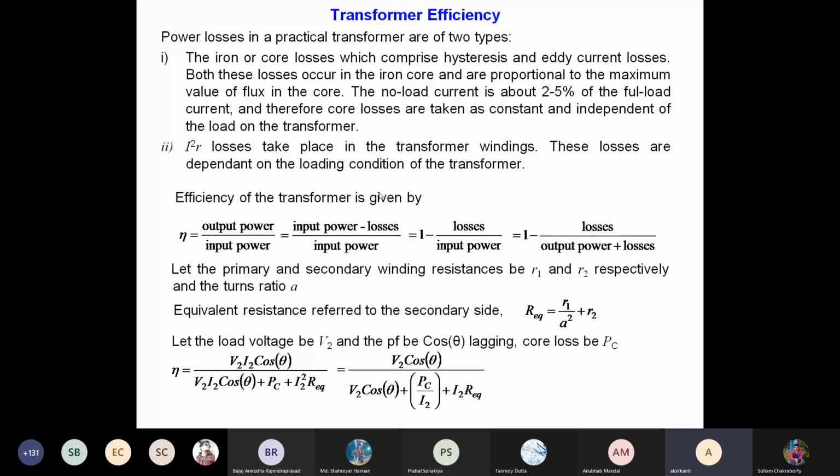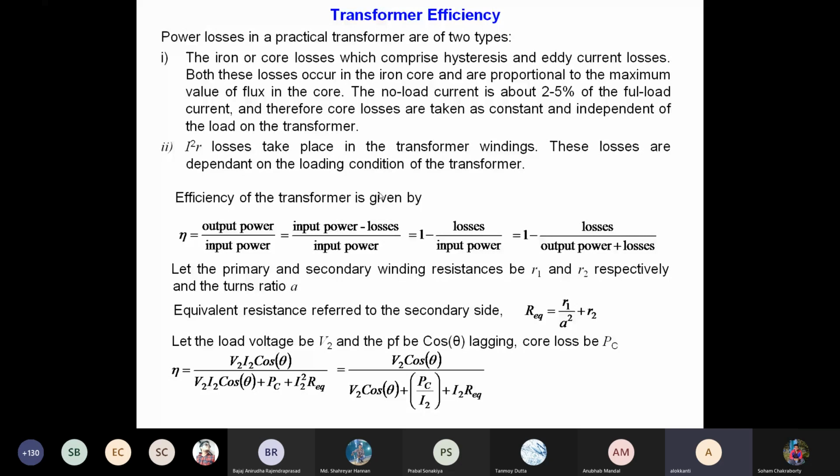So here the primary variable is the load current I2, which will vary widely. Other factors are more or less constant.